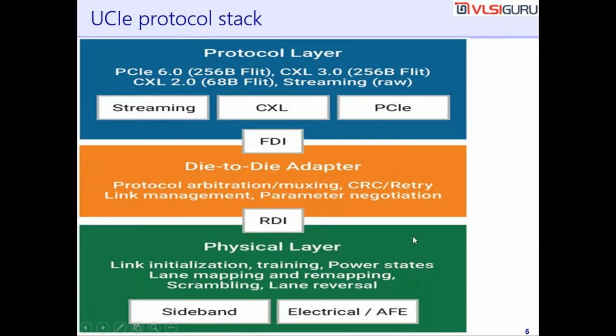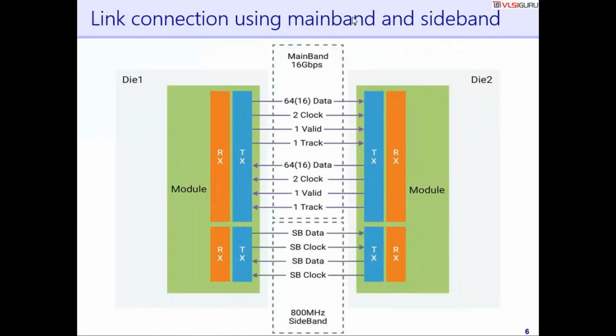So next, what is the link connection using main band and sideband? This is how it looks. Please take a look at this. You see, you've got two bands, main band and sideband. Main band works at 16 gigabits per second, sideband at an 800 megahertz clock.